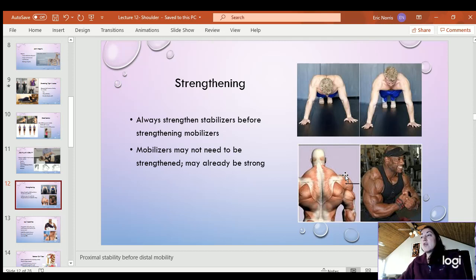So our focus in a therapeutic setting is not typically to strengthen the mobilizers, but the stabilizers. And eventually, when you get to the return to function stage, you may have to do some strengthening of the mobilizers. But again, most of the time, they're strong enough.